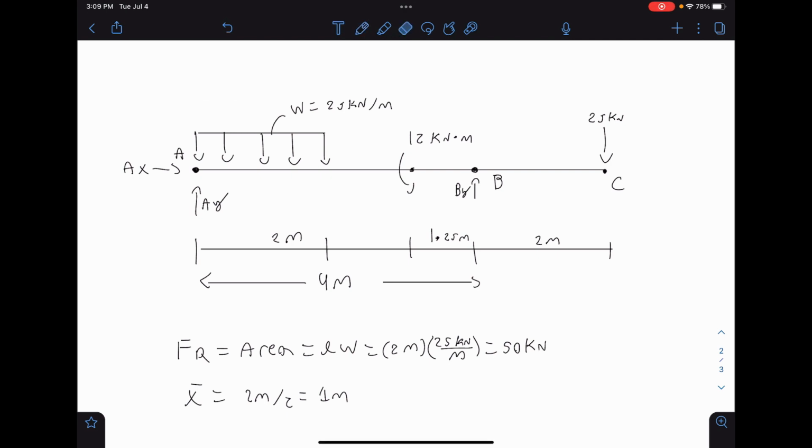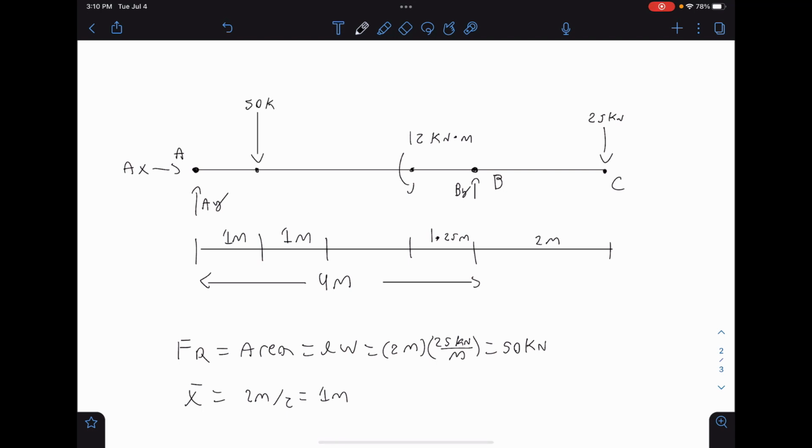So let's do that. Okay, so 50 kilonewtons is our force resultant. Now let's get rid of this to clean it up a little bit.